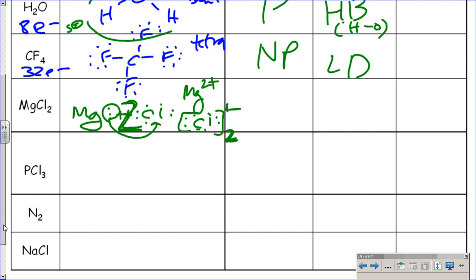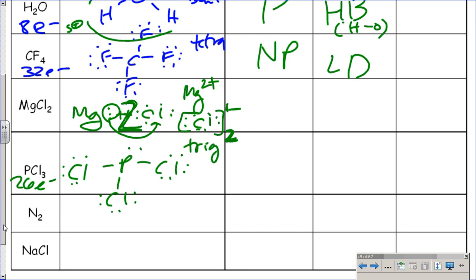Okay, next one. Phosphorus 5 plus 21, 26 electrons. Okay, so phosphorus, chlorine, chlorine, chlorine. This looks just like ammonia, except it's got lone pairs on all the chlorines. Shape. Trigonal. Yeah, you see the lone pair on top?